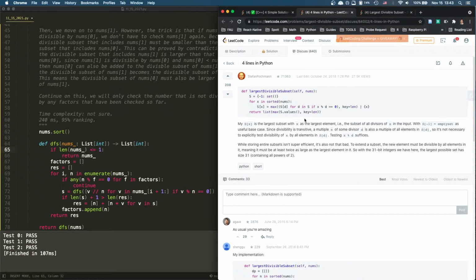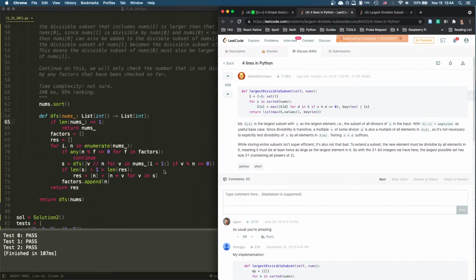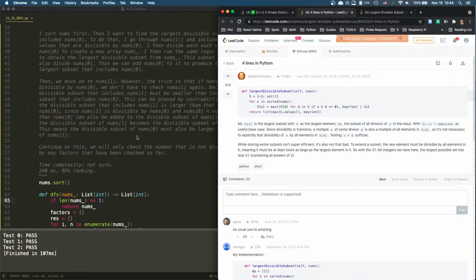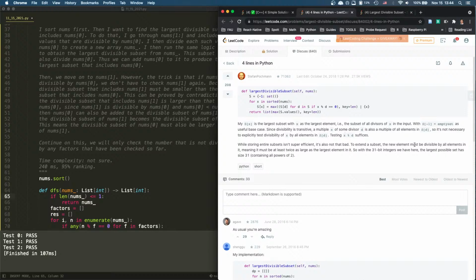Oh, I can do this. Max has a value. For x in sorted, key equals length.